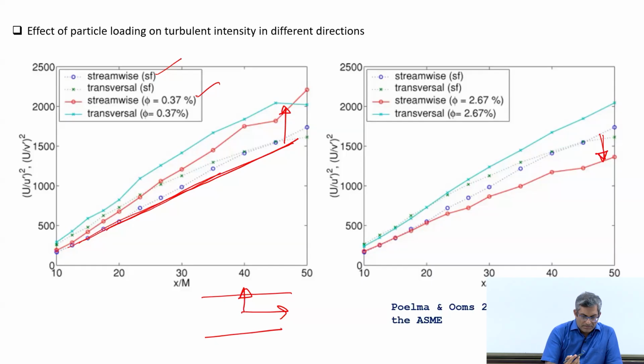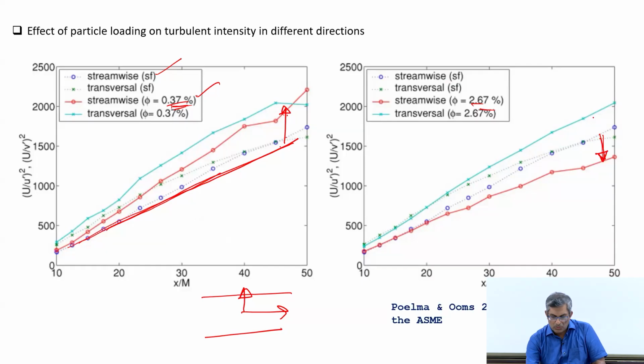and the same in case of... so this is for low loading, this is for high loading. In case of low loading, if you see this effect, blue to red and then green to green, it increases. But now if you see here, blue to red, it decreases.